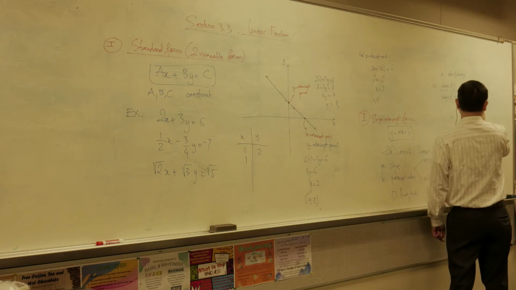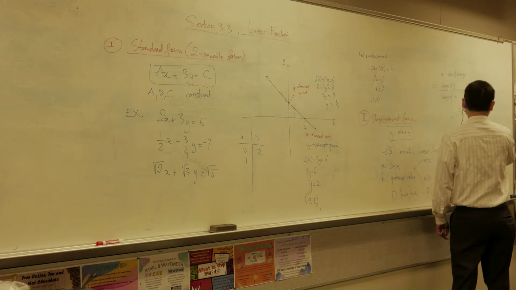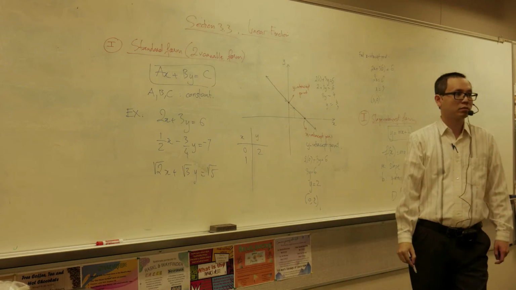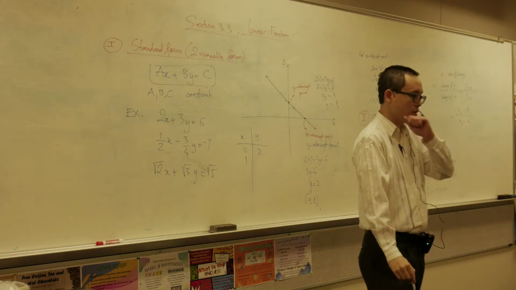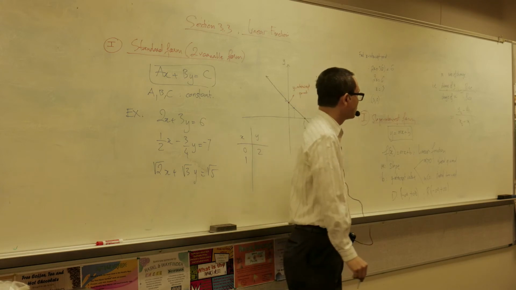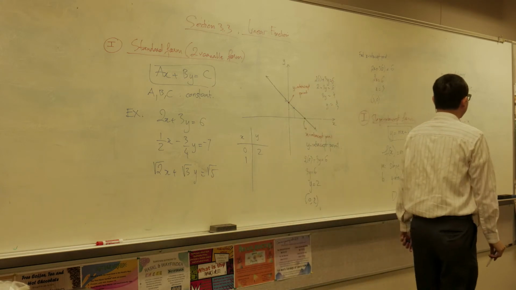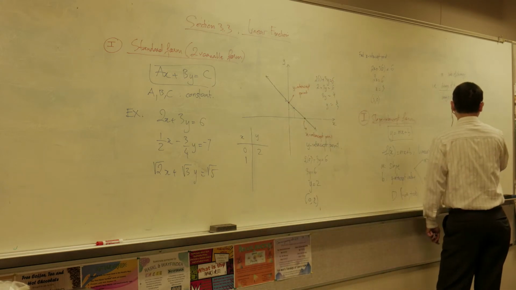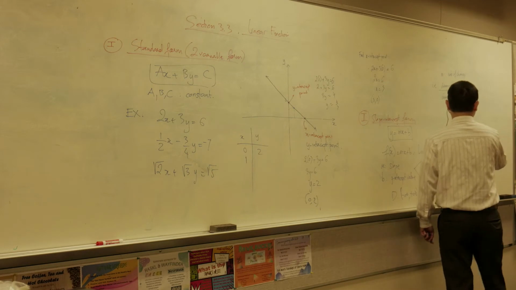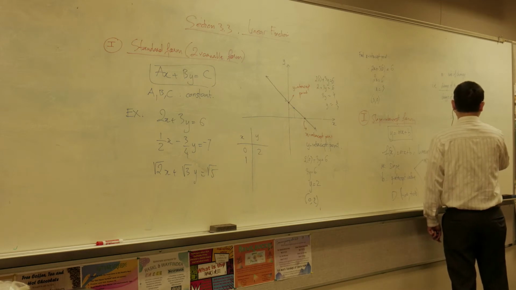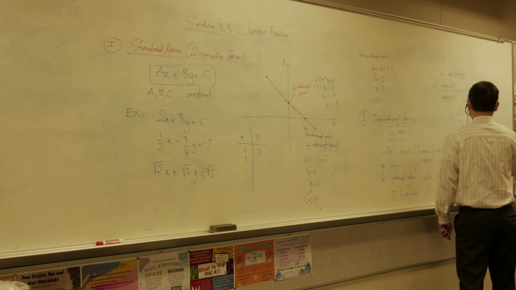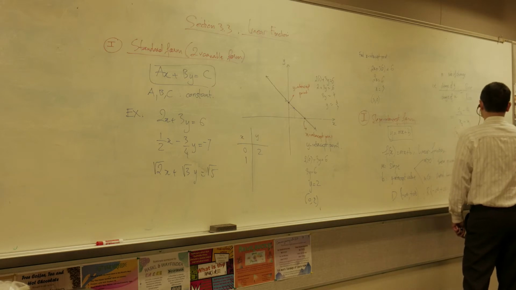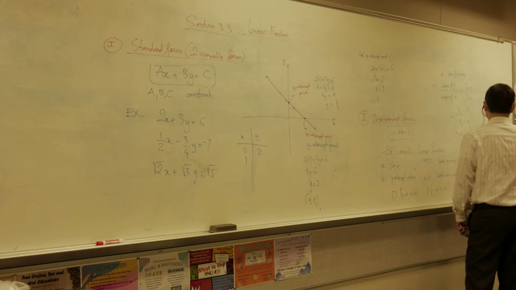y2 minus y1 over x2 minus x1. And what is y2 and y1, x2 and x1? y2 and y1 is actually a point on the line. So it will be the point x1, y1 and point x2, y2.